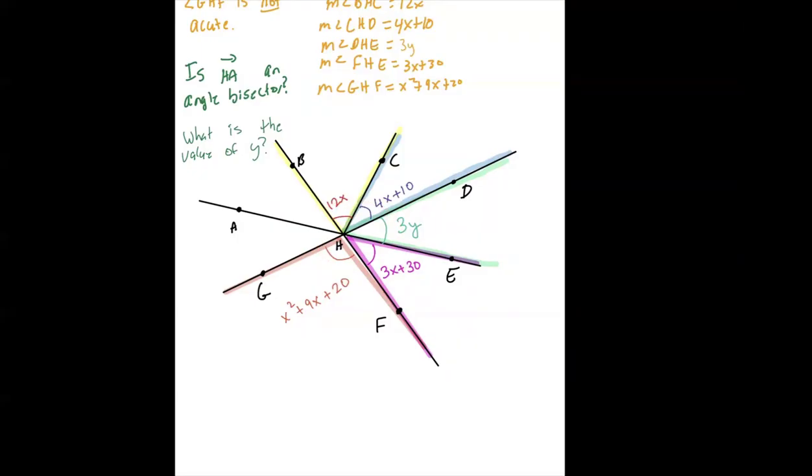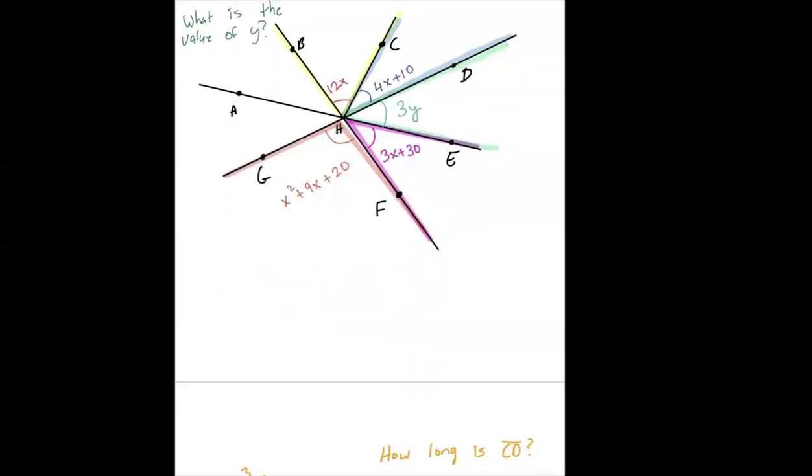Could we say 12x plus 4x plus 10 is equal to x squared plus 9x plus 20? And based on what? How can you say that, Arya? Because they're like the vertical angles. Perfect. That's exactly what you need to see.